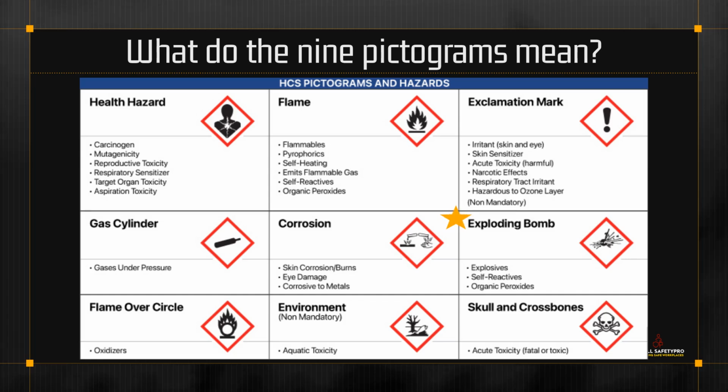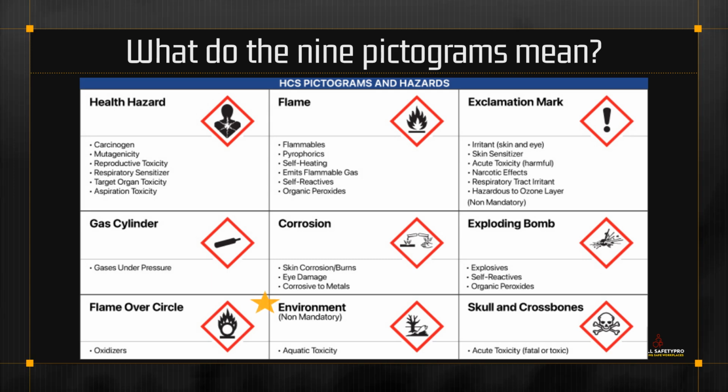Explosive pictogram represents explosive or self-reactive substances that can detonate or undergo a rapid chemical reaction. An example of an explosive chemical is TNT, which is not common in most workplaces. Oxidizer pictogram indicates chemicals that increase the amount of oxygen in the air, therefore increasing the risk of fire. Examples include oxygen gas, ozone, and hydrogen peroxide.